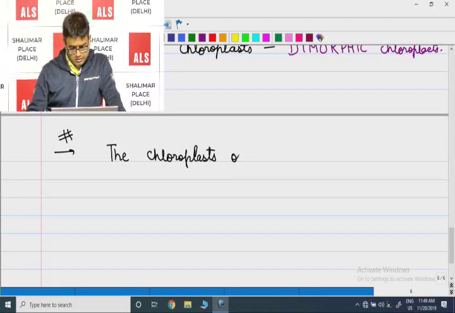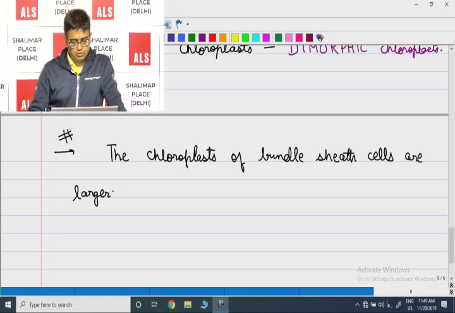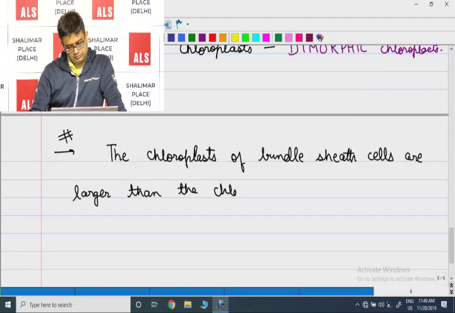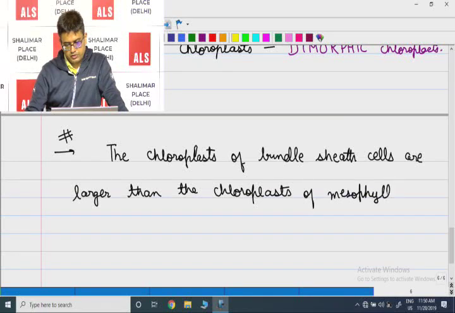The chloroplasts of bundle sheath cells are larger than the chloroplasts of mesophyll cells, right?